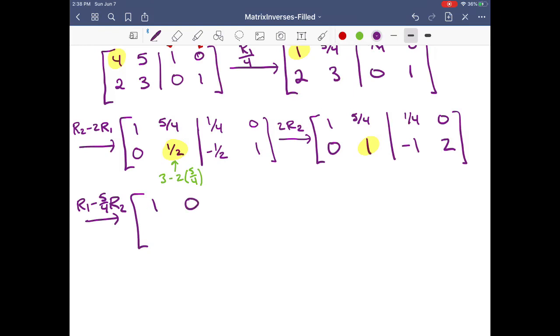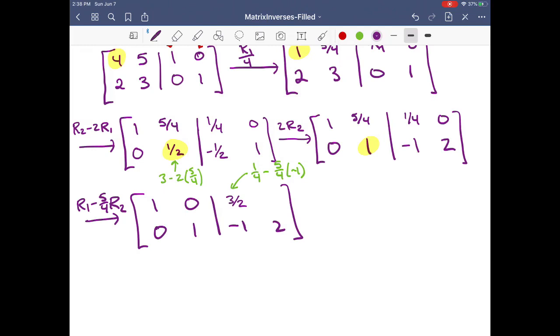Okay, so now I'm going to have the diagonal form on the left side. Okay, and then up here, in this entry, I used to have 1 over 4, but I subtracted 5 over 4 times minus 1. Okay, so that's 1 over 4 plus 5 over 4, which is actually 6 over 4, which is 3 over 2.